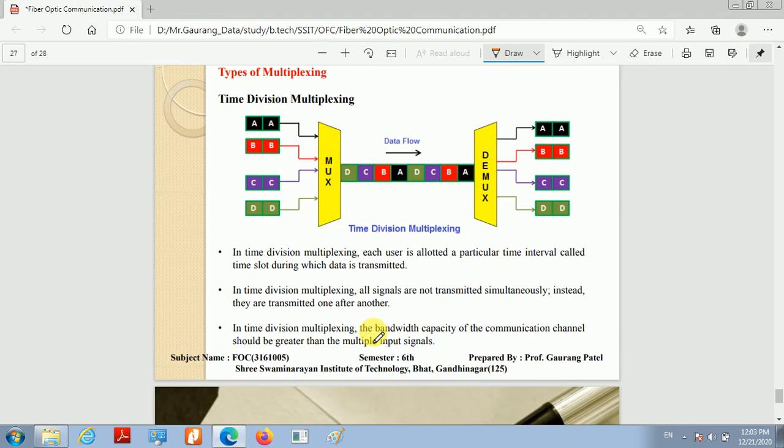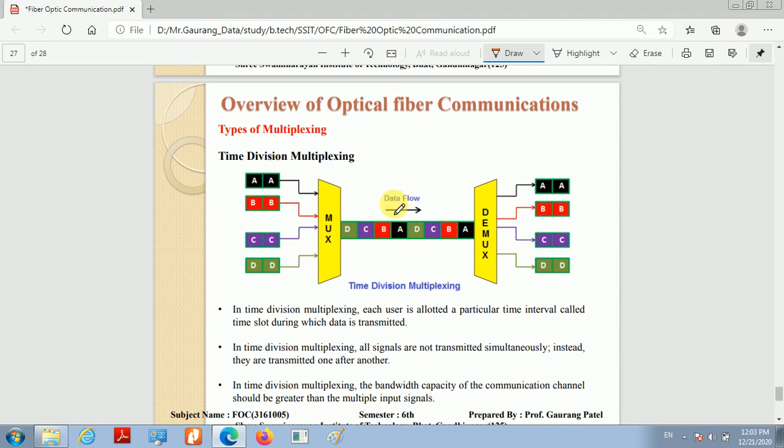The figure shows the scenario of time division multiplexing. So you can see I have 4 users A, B, C and D, or 4 transmitters A, B, C and D. At a particular time instant T1, let's say time slot T1, the total time is divided into different time slots.